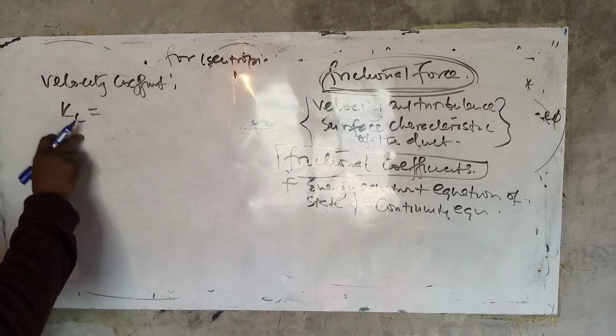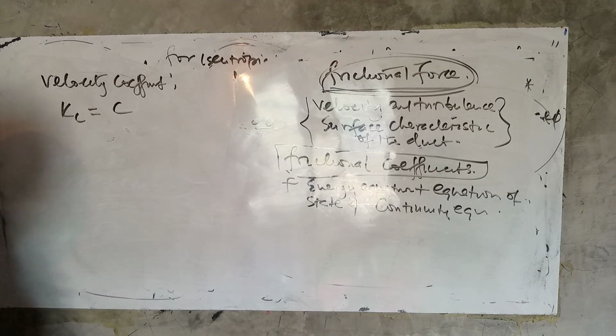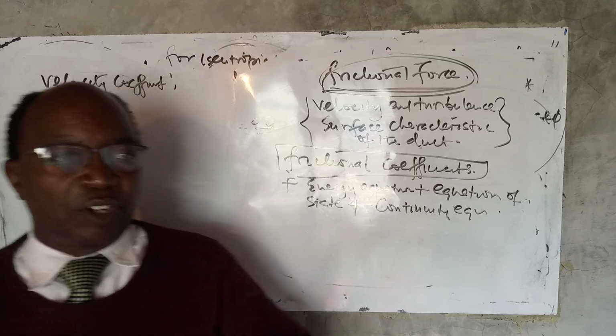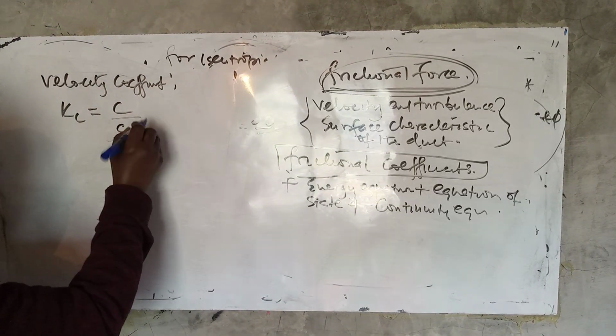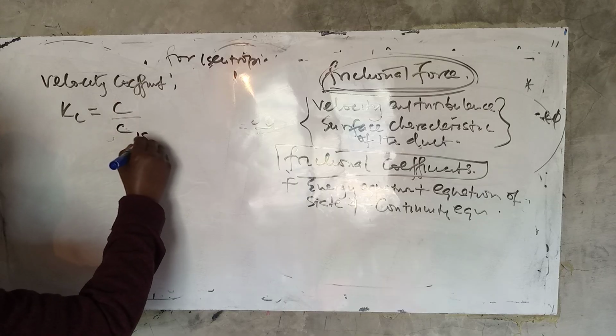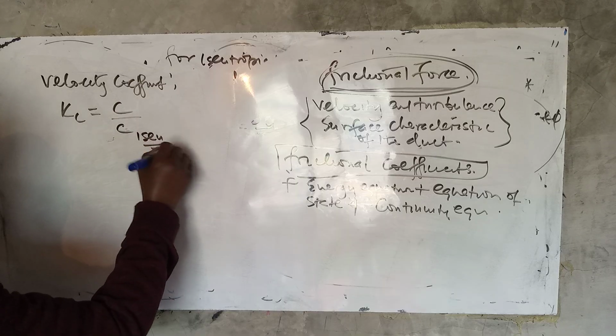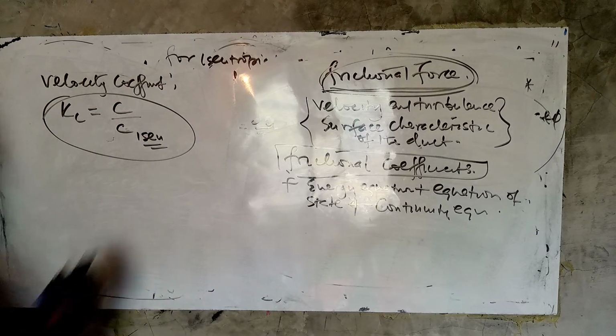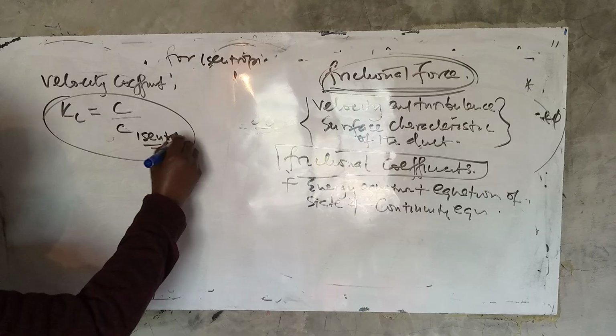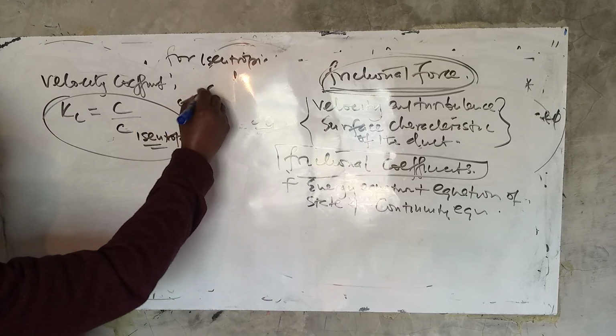And that velocity coefficient is simply, if you focus on the exit velocity for the nozzle vis-a-vis that velocity under isentropic conditions. So you can focus on the exit velocity.